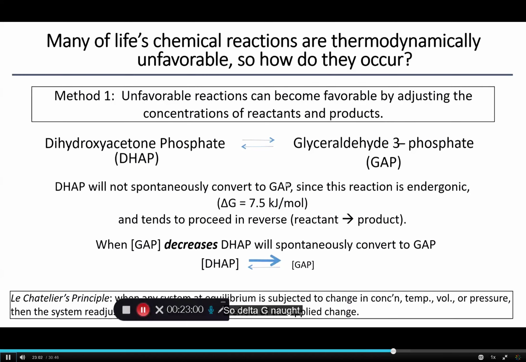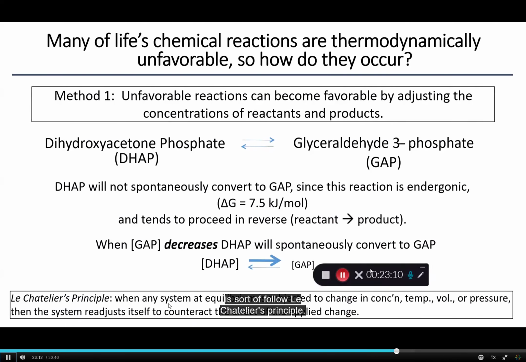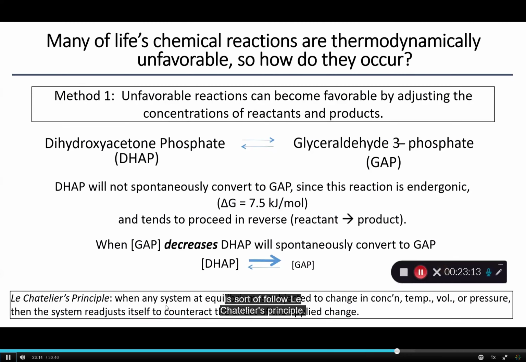So this would be delta G naught. But again, we have different temperatures to consider. We have different concentrations to consider. And so what we can do is follow Le Chatelier's principle. When any system at equilibrium is subject to a change in concentration, temperature, volume, all of these standard conditions, the system readjusts itself to counteract that change, that perturbation.